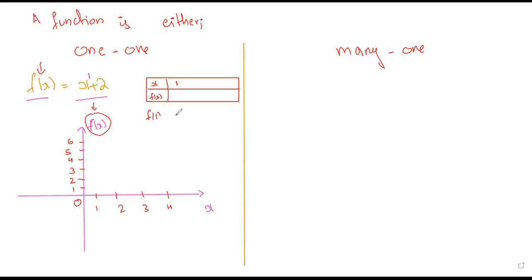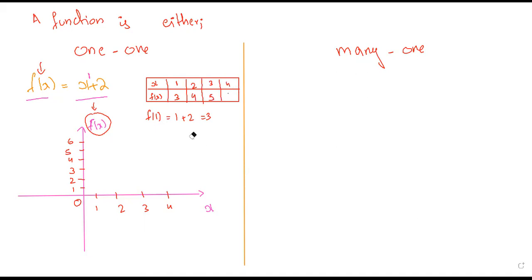F of 1 is going to be 1 plus 2. That gives me 3. Okay. Then if I say when x is 2, what is the value? Very well done. The value would be 4. When x is 3, the value would be 5. When x is 4, the value would be 6.